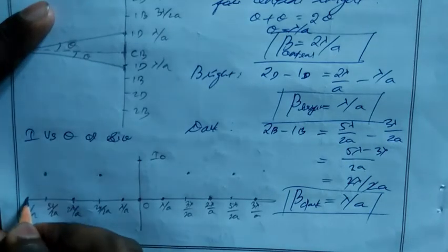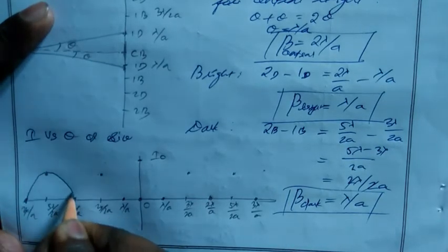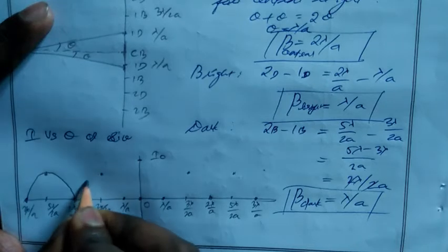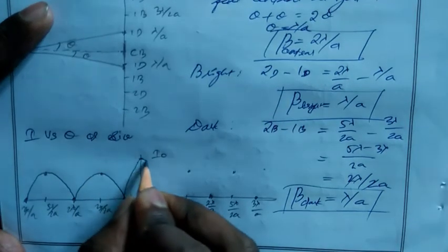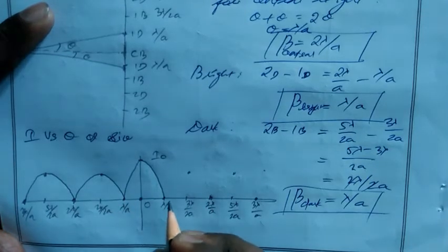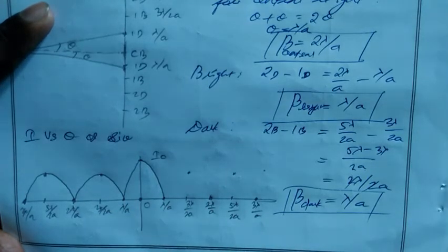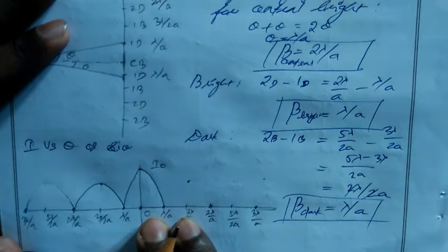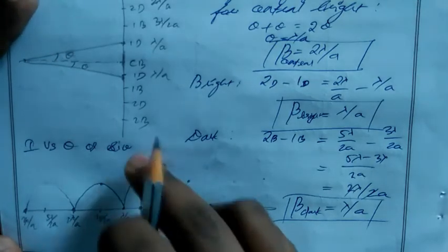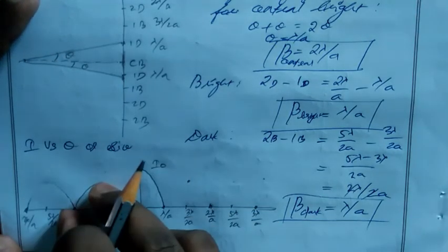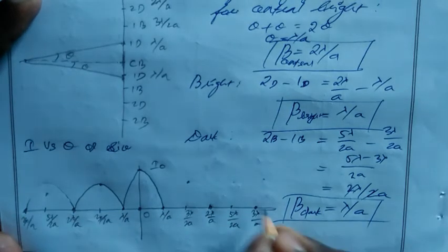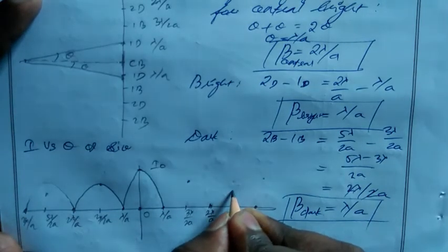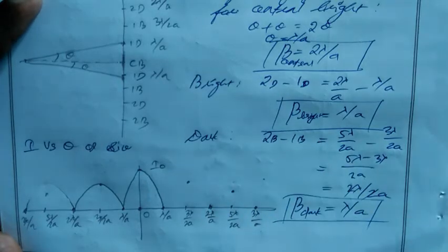So if we connect this, we will get a graph somewhat like this. So this is the graph of intensity: in the center we have more brightness, then the brightness will be less, and then again less. So this is not a graph of theta versus fringe width. This is the graph between theta and intensity.